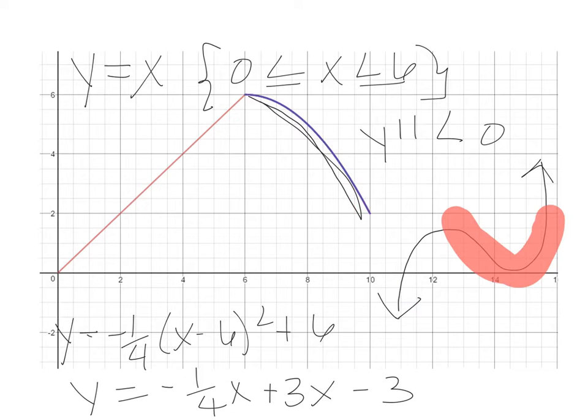Before I've done anything, I've really thought this whole thing out, and then I go about it a little bit further. So then I went, okay, let's call it f of x, my negative 1/4 x squared plus 3x minus 3.